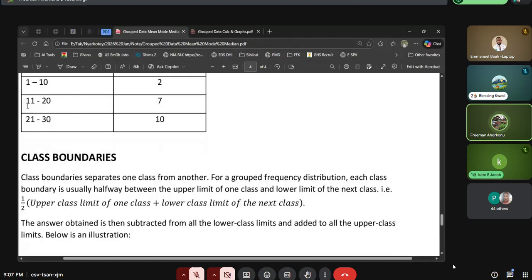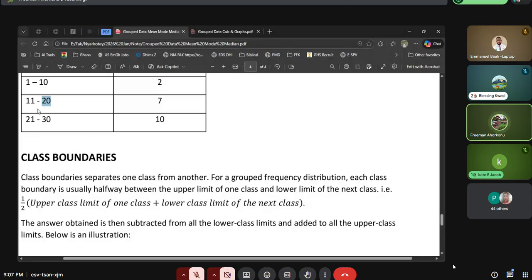Then you come here, 20 plus 21 gives you 41. You divide by 2, that gives you 20.5. So 20.5 becomes the upper class boundary here and the lower class boundary here. To make it simple, add 0.5 to the right side, subtract 0.5 from the left side. You have your class boundary.